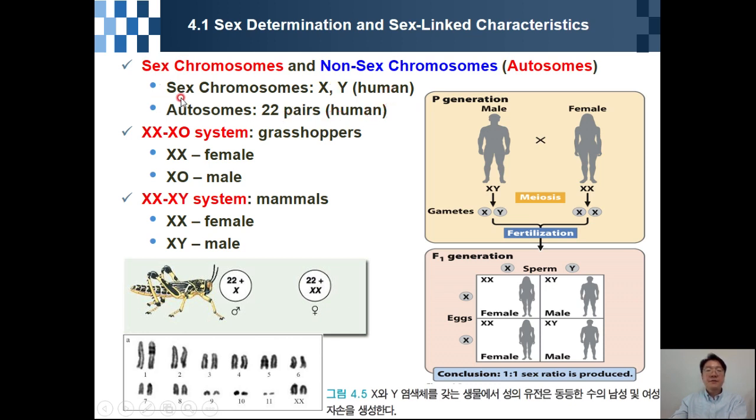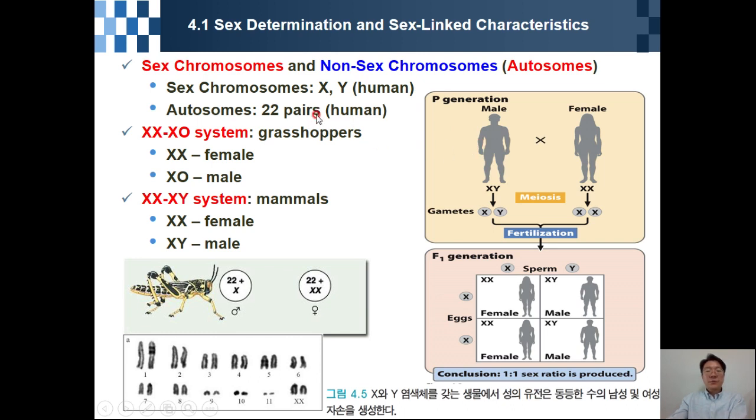Humans have the sex chromosomes X or Y. Females have XX, males have XY. But humans also have autosomes. Humans have 22 pairs of autosomes. So totally, 22 pairs plus XY is male and 22 pairs plus XX is female.